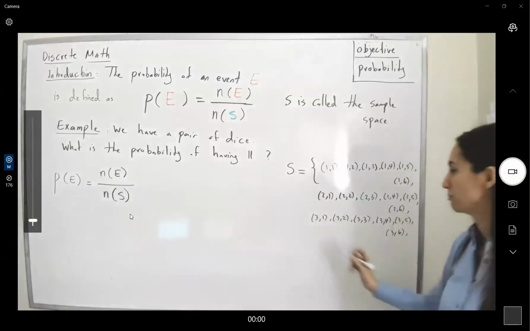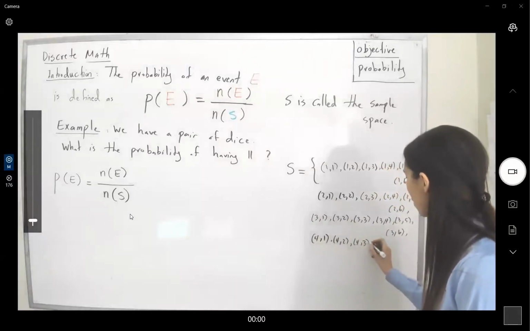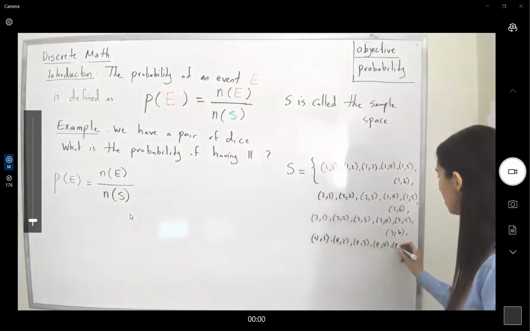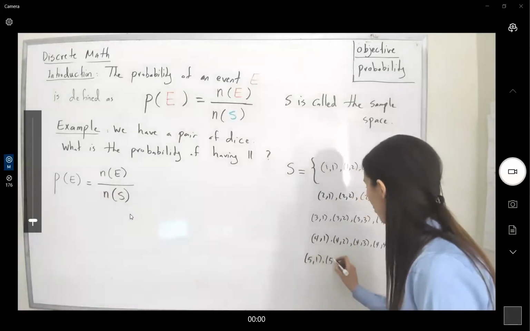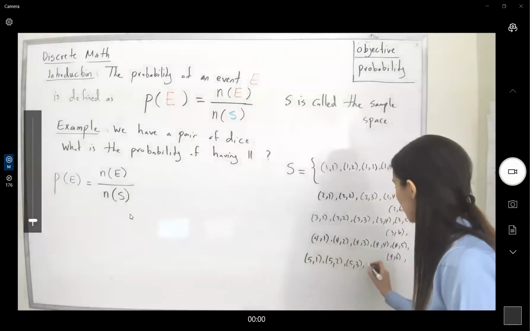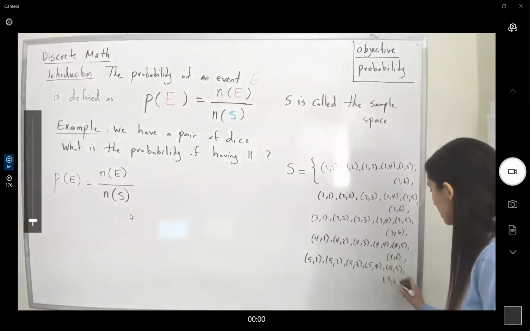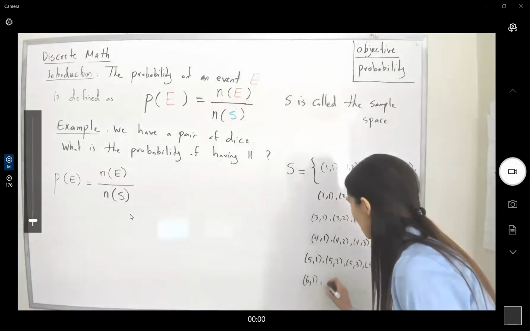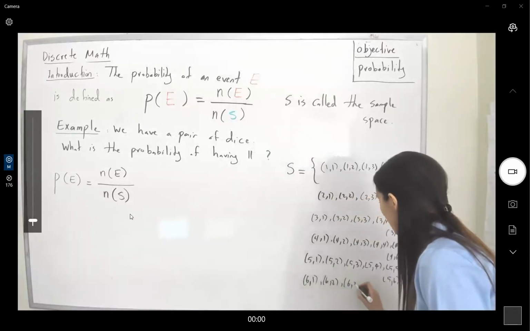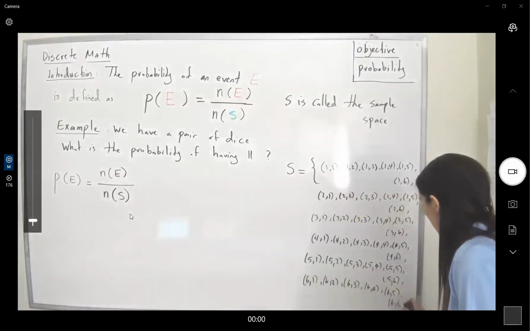The first one might be 4. 4 and 1, 4 and 2, 4 and 3, 4 and 4, 4 and 5, 4 and 6. The first one might be 5. 5 and 1, 5 and 2, 5 and 3, 5 and 4, 5 and 5, and finally 5 and 6. And eventually, the first one might be 6. 6 and 1, 6 and 2, 6 and 3, 6 and 4, 6 and 5, 6 and 6.